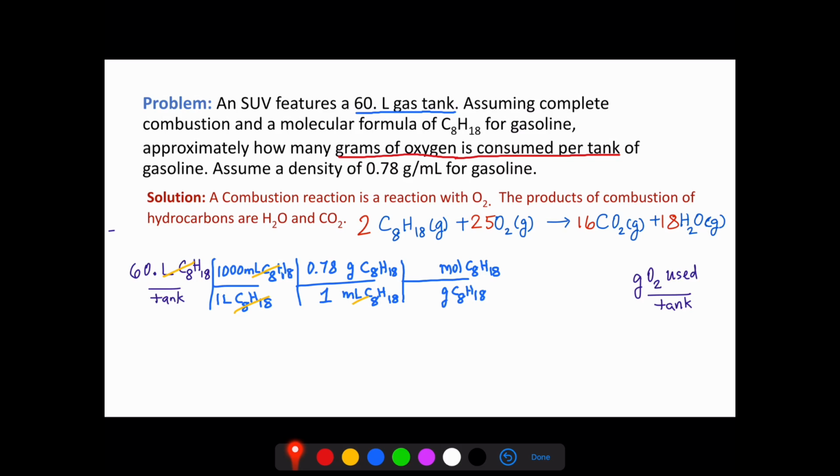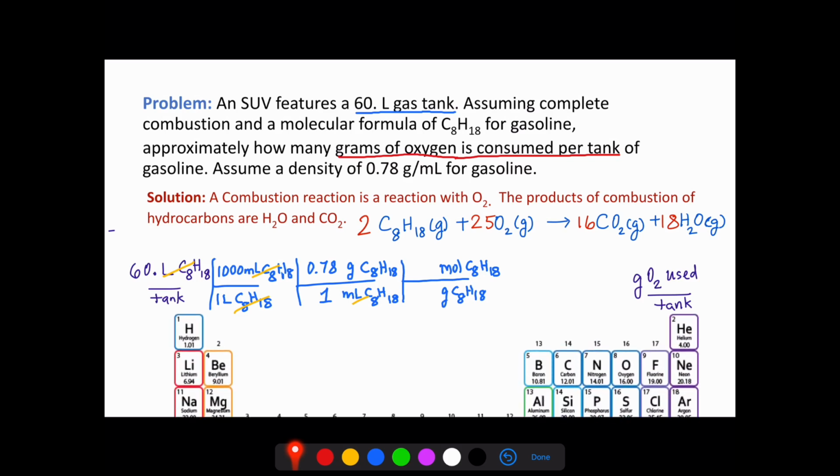So we need to get the molar mass from the periodic table. So if you have a periodic table, you can go ahead and calculate the molar mass of C8H18. It's basically 8 times carbon's weight plus 18 times hydrogen's weight. If you calculate that and put the units in grams per mole, that's your molar mass. I got 114.98. Please go ahead and calculate and check my answer.